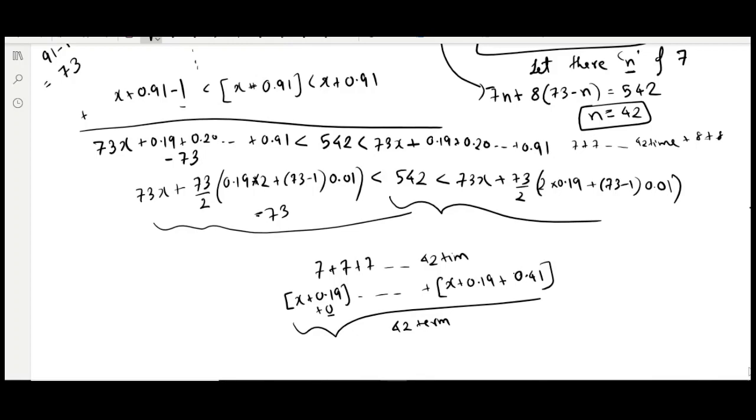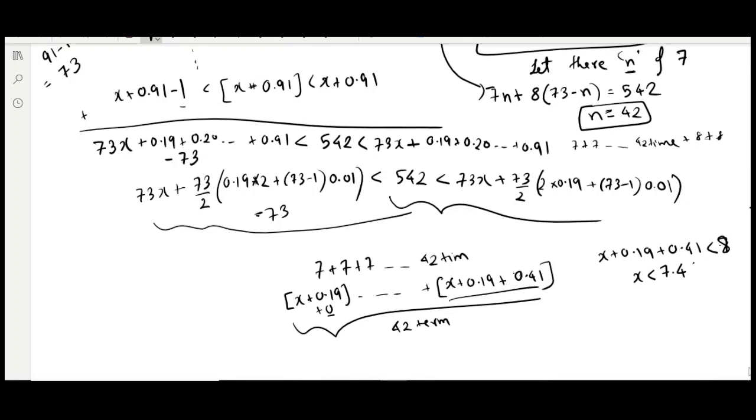So this term x plus 0.19 plus 0.41 is becoming 7. It means that it is less than 8, that's why it's becoming 7, and it is greater than 7 obviously. So after calculating, we will get that x is less than 7.4 if you solve this.